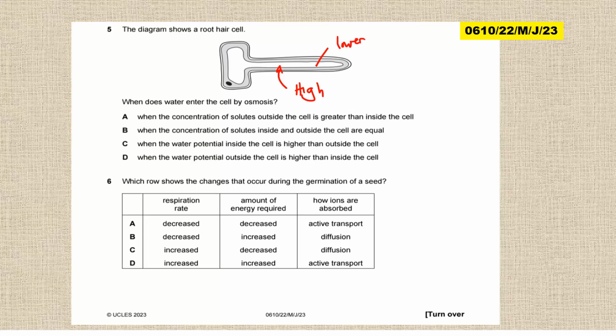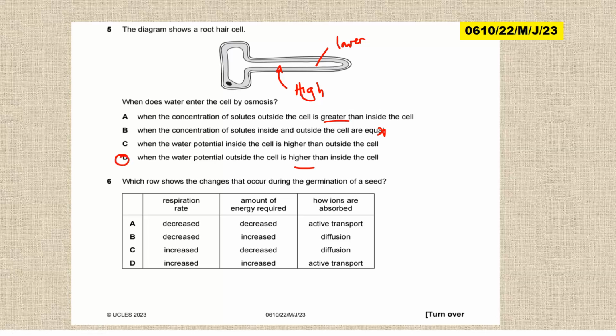So A, when the concentration of sucrose or solute outside the cell is greater, no. When the concentration of solute inside and outside are equal, no. When the water potential inside the cell is higher, no. When the water potential outside the cell is higher than the inside one. So the answer is D.